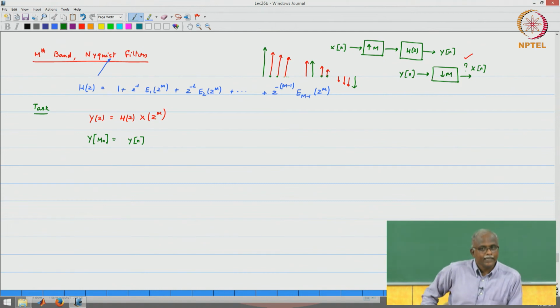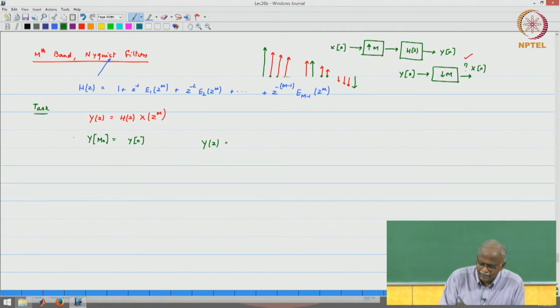It is a slightly non-trivial exercise, but once you see the trick, you will see that it is fairly straightforward. I do not want you to use the graphical argument. I want you to use a mathematical framework, because now the y of mn basically means that y of z.